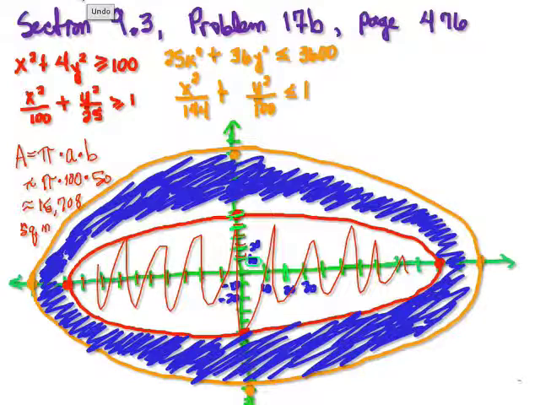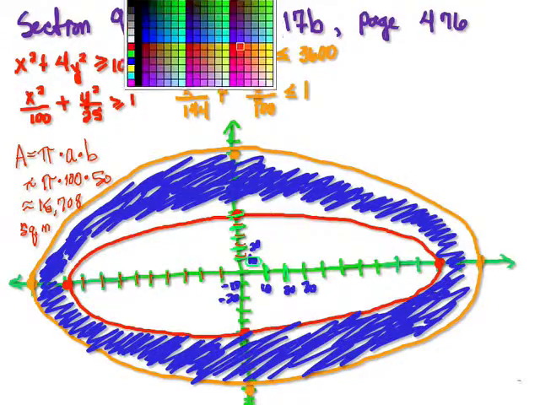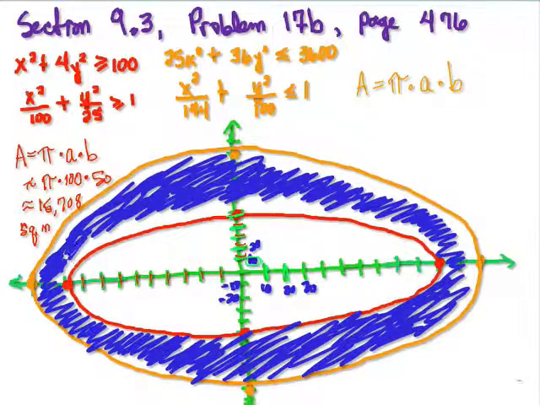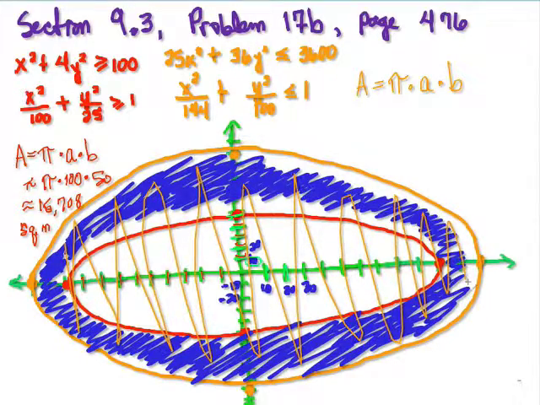Now, to find the area of the blue, I'm going to find the area of the orange ellipse. So let's do that next. The area of the orange ellipse is going to be pi times AB, same thing. This is the area of the orange ellipse, which is going to be the whole thing right here. It's all of the orange.